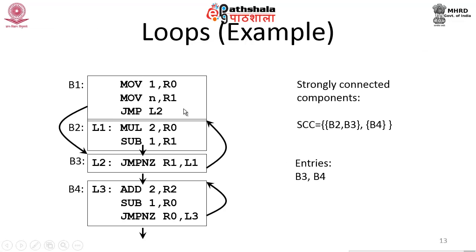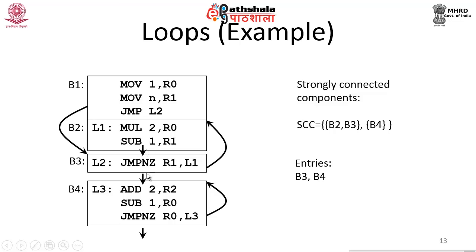In this example, the same one which we have already looked at is discussed here. So this is one basic block, the second, third and fourth basic block. Now the strongly connected components are B2 and B3. There is a path of length more than one, and to come to B3, I have to come through B2 only.